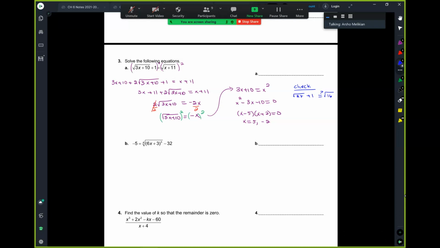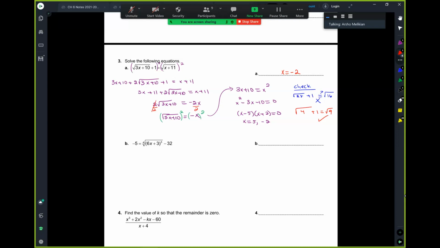No, so that doesn't work. The other one, when x is negative 2, I get negative 6 plus 10, root 4 plus 1. So that's 3, equal to 11 minus 2, root 9. Hey, that works. So it's just x equals negative 2. Okay? Questions there?